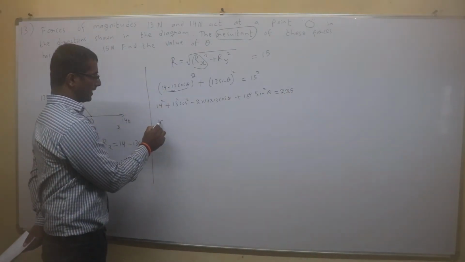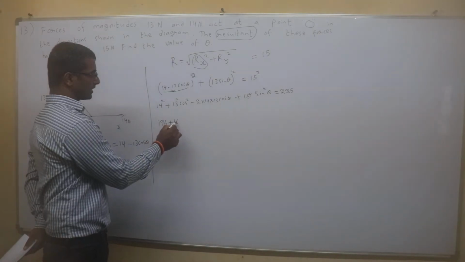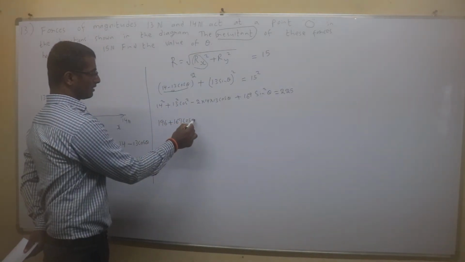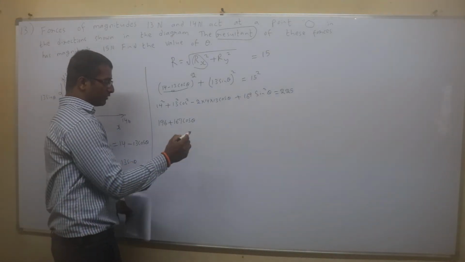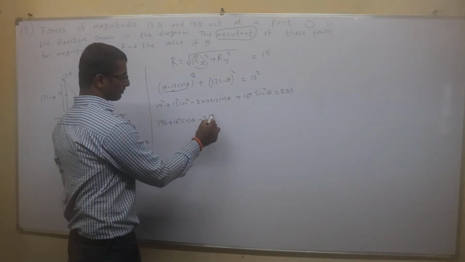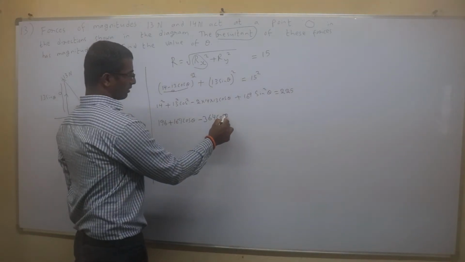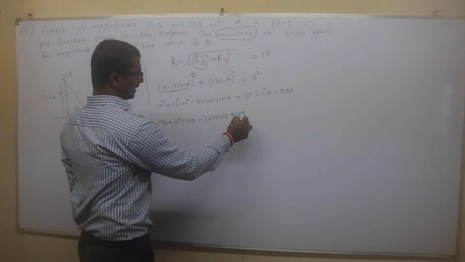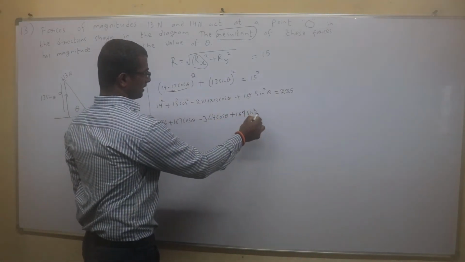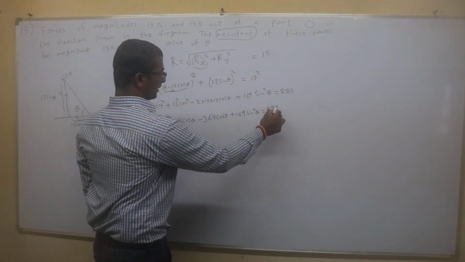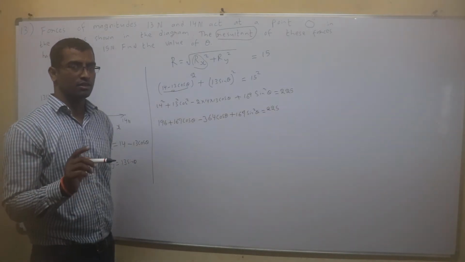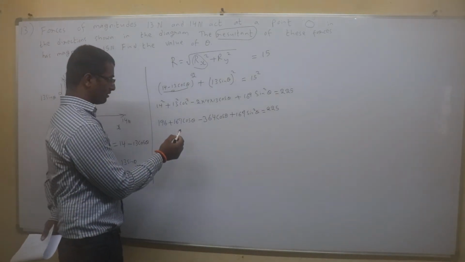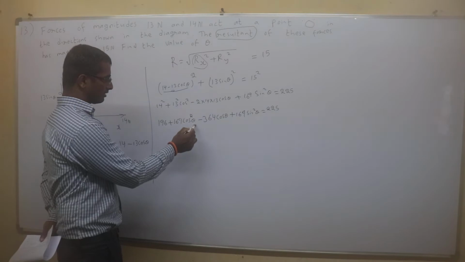Now this is 196 plus 169 cos square theta, minus 2 into 14 into 13. You get 364 cos theta plus 169 sin square theta equal to 225. How can I simplify it further? 169 cos square theta.